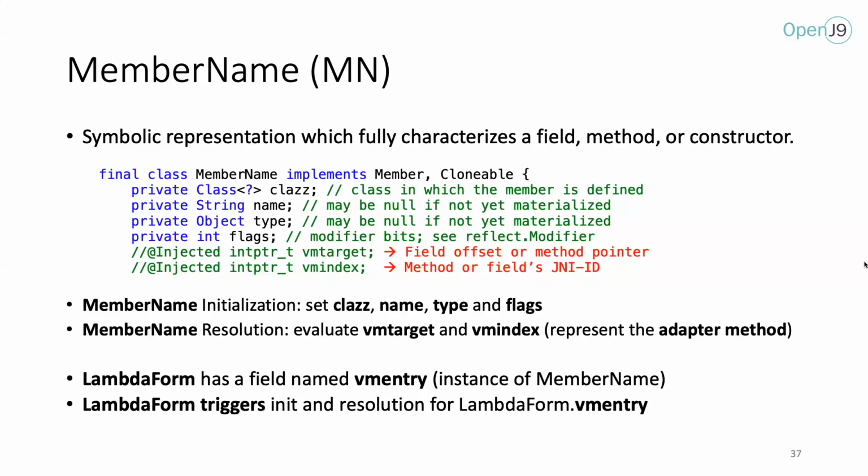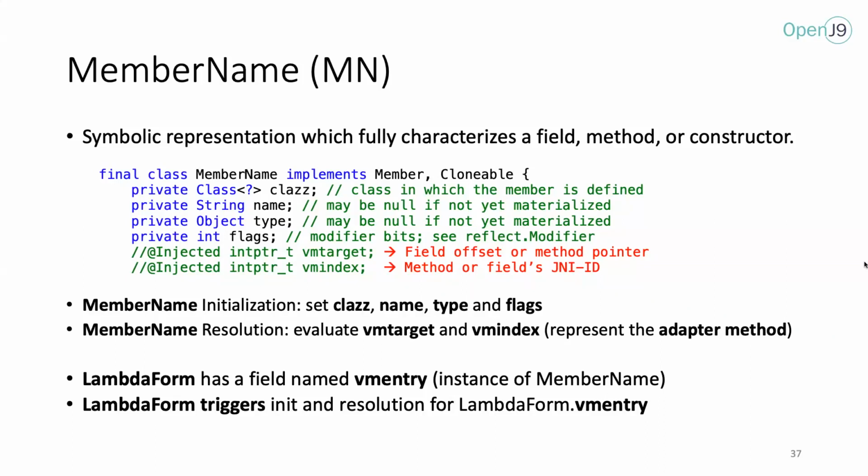The purpose of these fields is to store the results of resolving a MemberName. So vmtarget is a field offset or a method pointer that the JVM knows about, and it's used to execute a method in the JVM while we are in the interpreter. And vmindex is a method or field's JNI ID. It is generally used in cases where we want to handle interface or virtual methods. We want to find their concrete implementation.